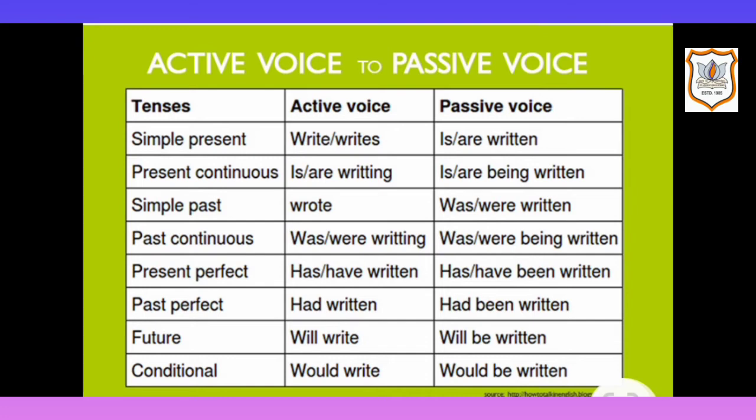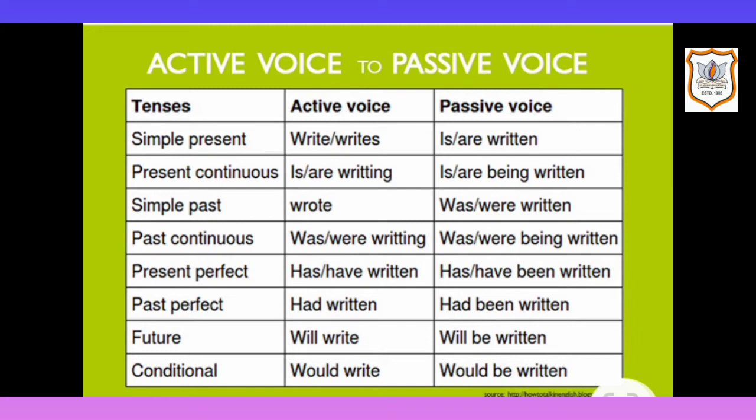Then the next is present perfect tense. In present perfect tense, active will be has or have written. So in passive it will be has or have been written. Then the past perfect tense, in active voice it will be had written. In passive voice it will be had been written.